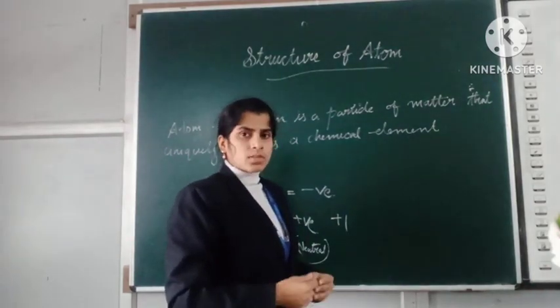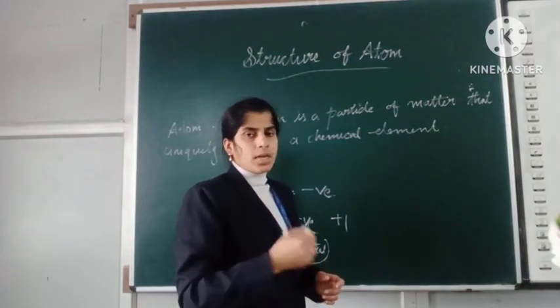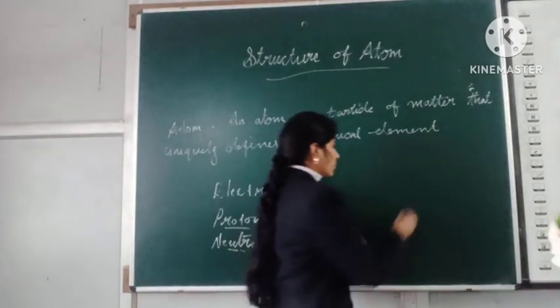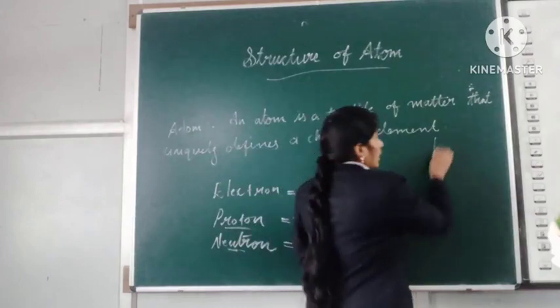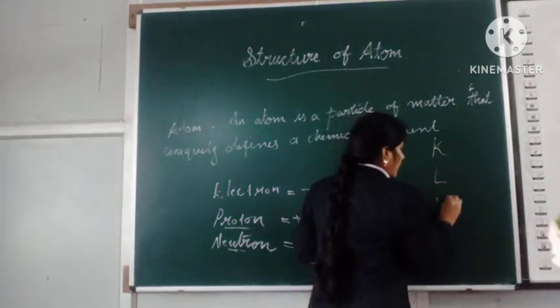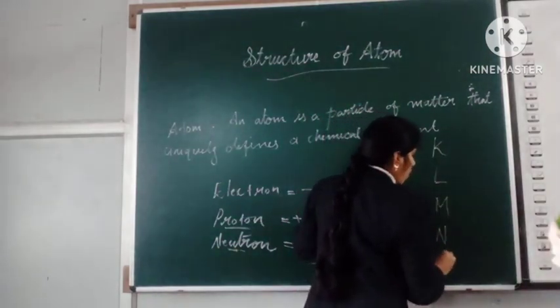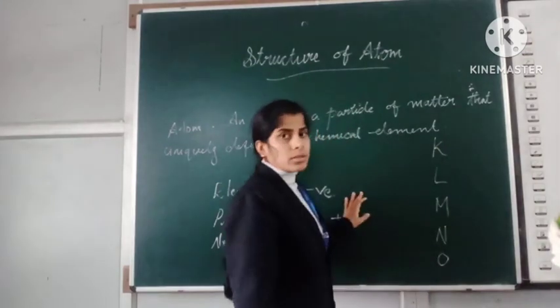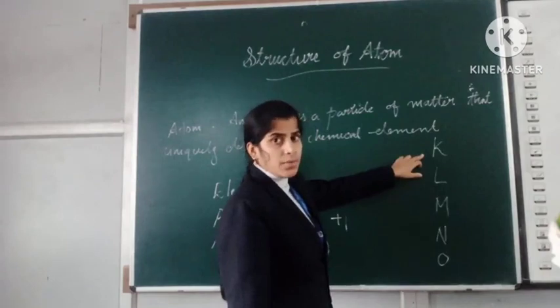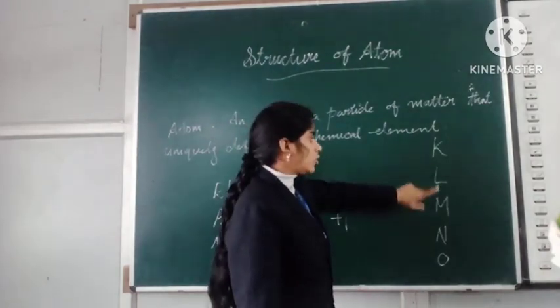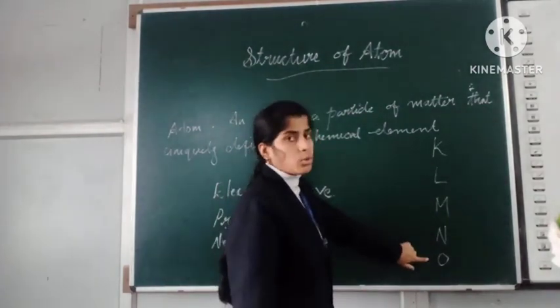So we call this the planetary model of the atom. Here, you want to know the orbit names: K, L, M, N, O. These are the orbit or shell names: K shell, L shell, M shell, N shell and O shell.